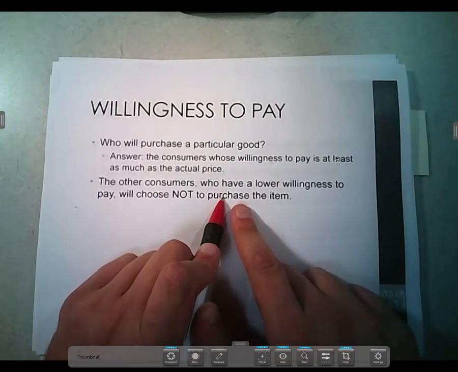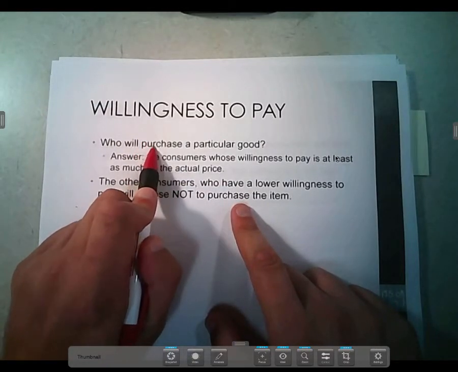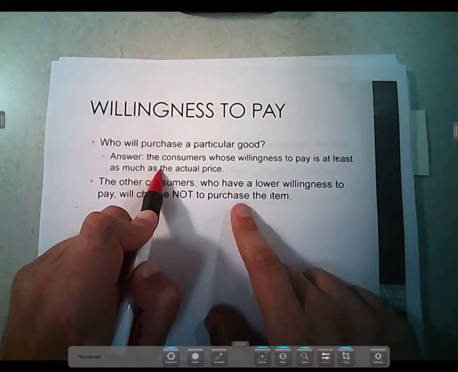And then when the consumer actually does purchase the product, to purchase the product means that you're fulfilling the condition that they were willing to pay for it.